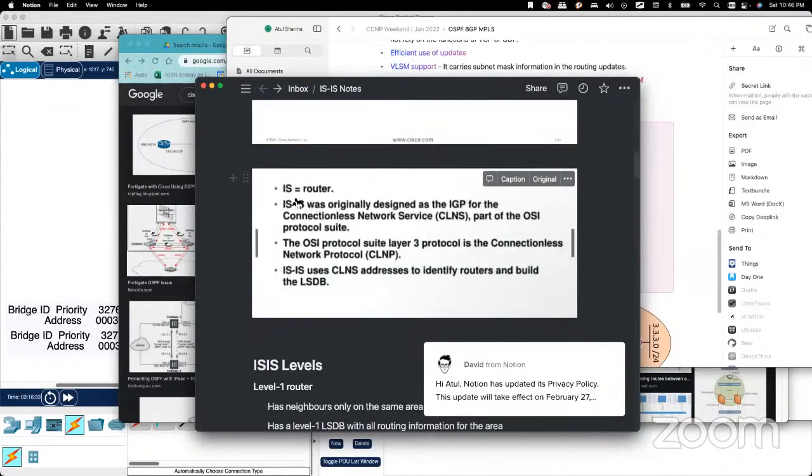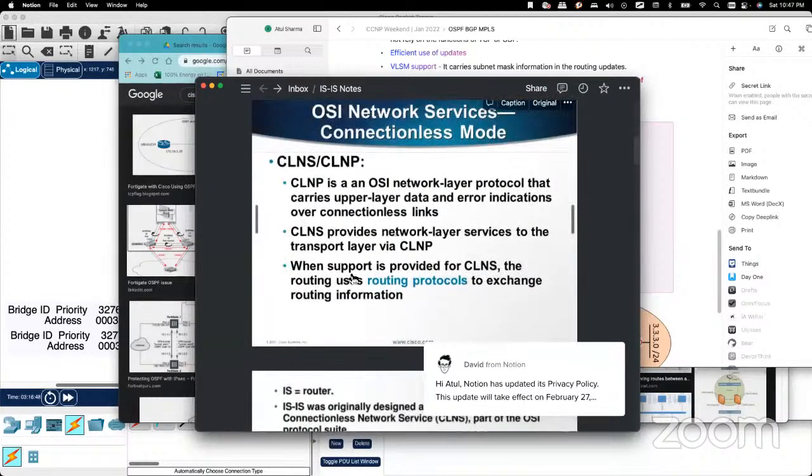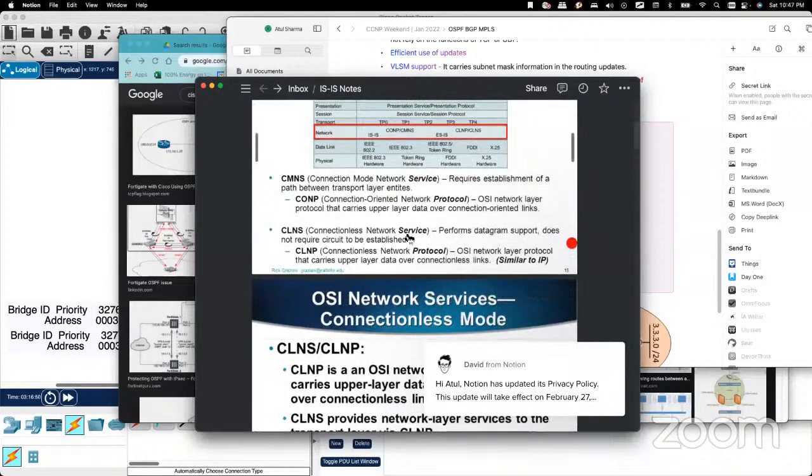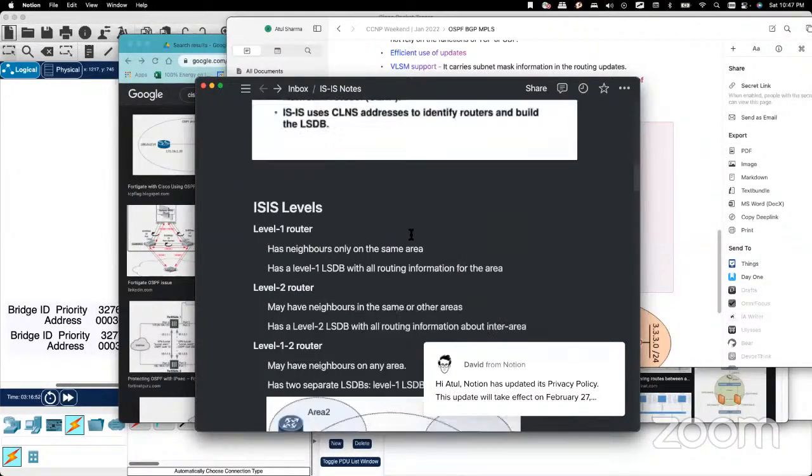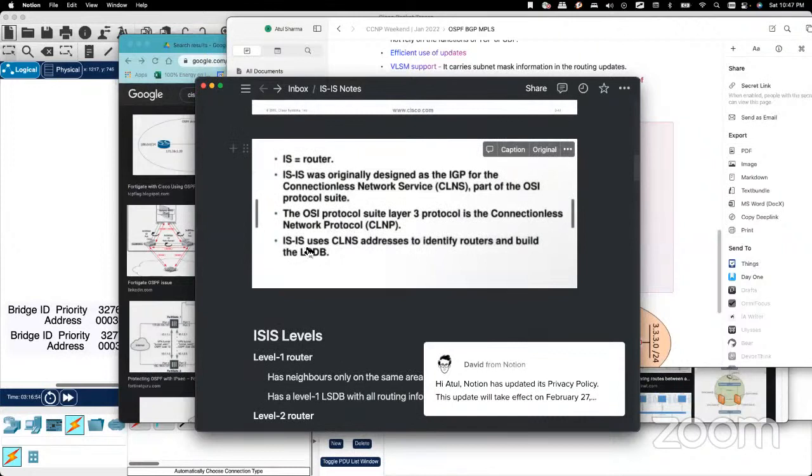This ISIS does not work on IP. ISIS works on this thing which is called CLNP. OSI protocol suite layer 3 is the connectionless network protocol. ISIS uses CLNS, connectionless network service, which we just discussed. When we configure CLNS, ISIS uses the CLNS address to identify routers and build the link state database.